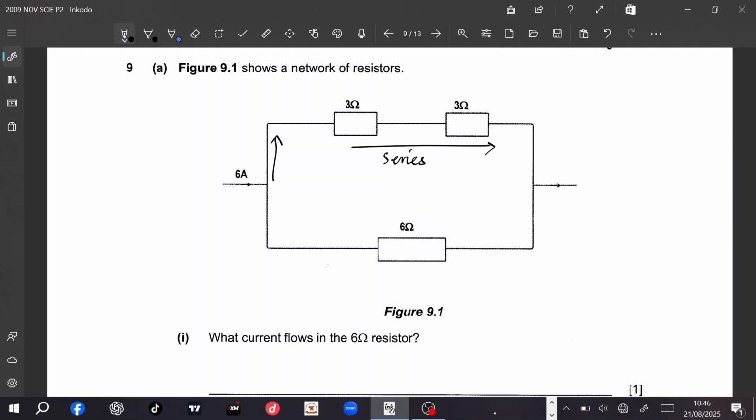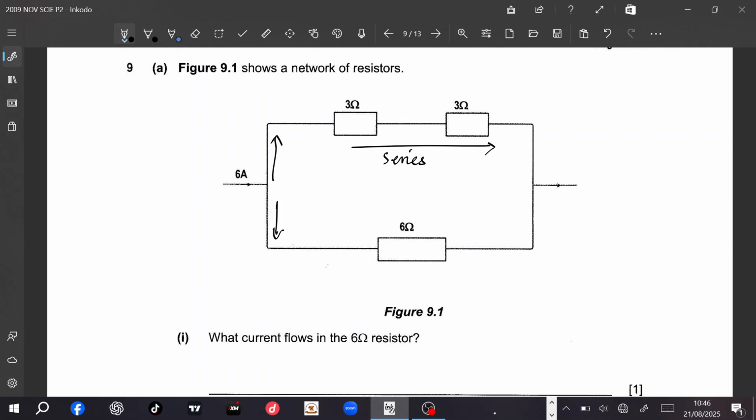However, when you pass the other route down here, you meet resistor 6 alone, 6 ohms. So we can say these two resistors on top, resistor 3 and resistor 3, are in parallel with the 6 ohm resistor at the bottom.